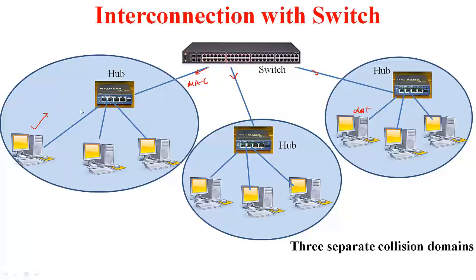Just to emphasize, this collision domain has 4 stations, 1, 2, 3, as well as the switch competing for access to the media. Once this packet reaches the switch, it is going to compete again with these 3 other hosts to access this media to deliver it to the right destination. So use of switches can significantly increase the reach of the network.